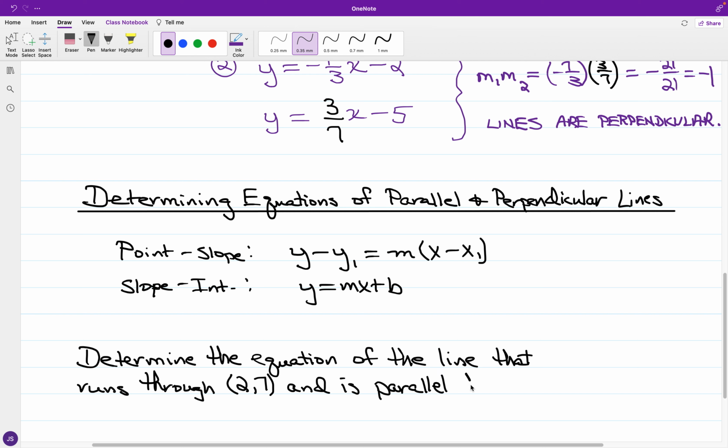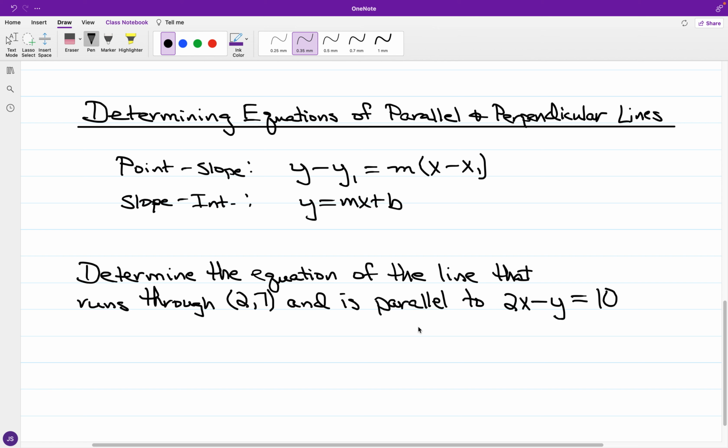Let's say we have this parallel to 2x minus y is equal to 10. So in this particular case, you're looking at the equation of a line that's going to run through (2, 7), and it's going to be parallel to 2x minus y is equal to 10.